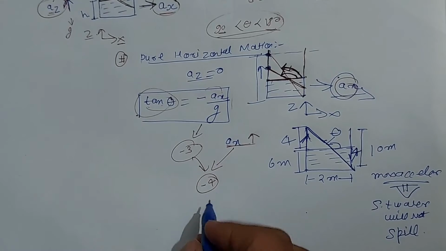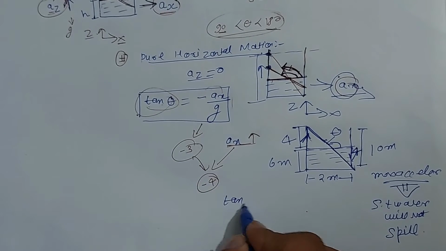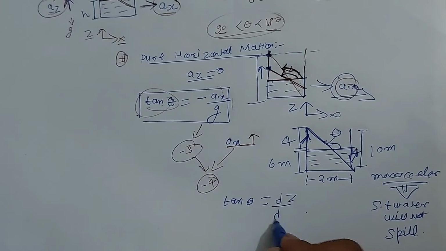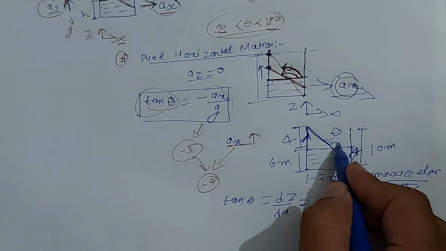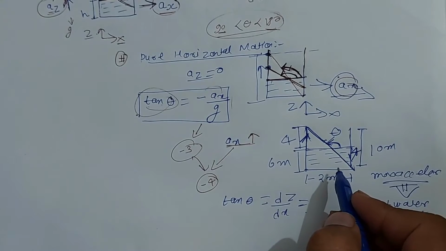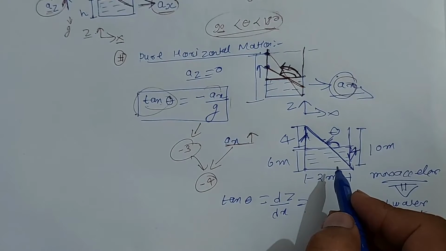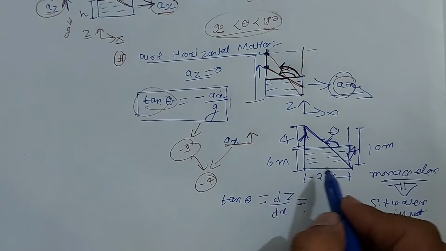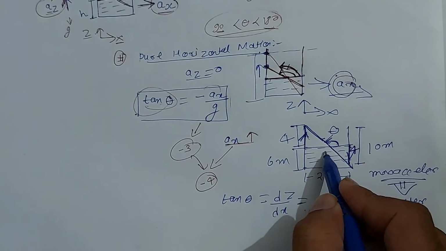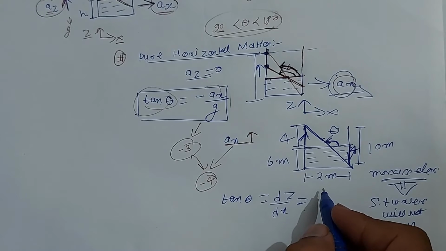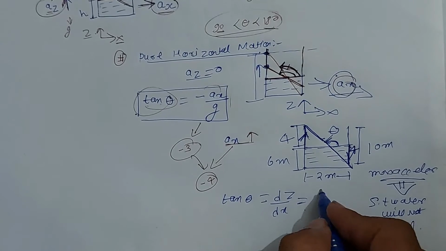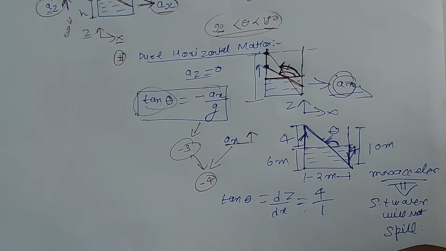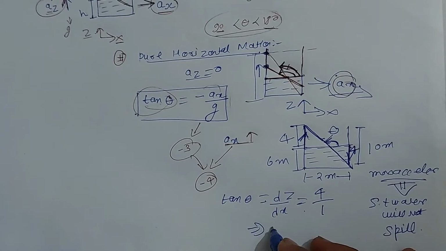If we apply tan theta, we know that tan theta is dz by dx, and this can be calculated as 4 by 1.